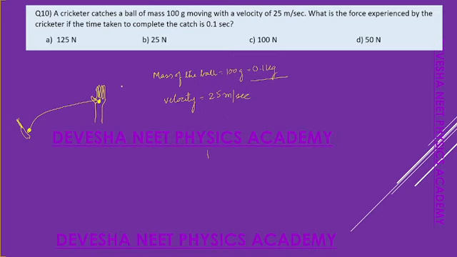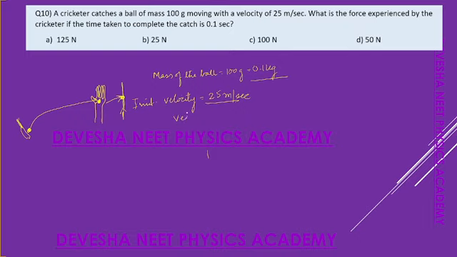Imagine that this is the hand, this is the point at which the hand is touching the ball, right? The ball is coming like this and is basically stopped here and gets trapped at the hand. Okay, so the initial velocity is this, the final velocity is 0 because the ball is getting stopped. So the ball is getting stopped by the cricketer, right?